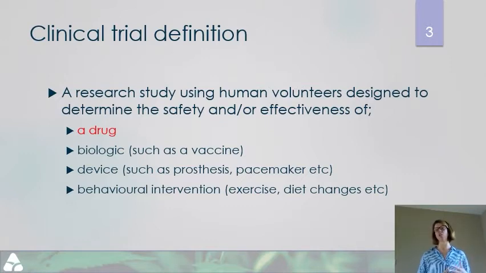So can a change in diet or exercise affect an endpoint? So effectively anything that involves a human which is determining the clinical safety and effectiveness of a new medicine or behaviour or device is called a clinical trial. And this is how we determine whether or not we think something works.